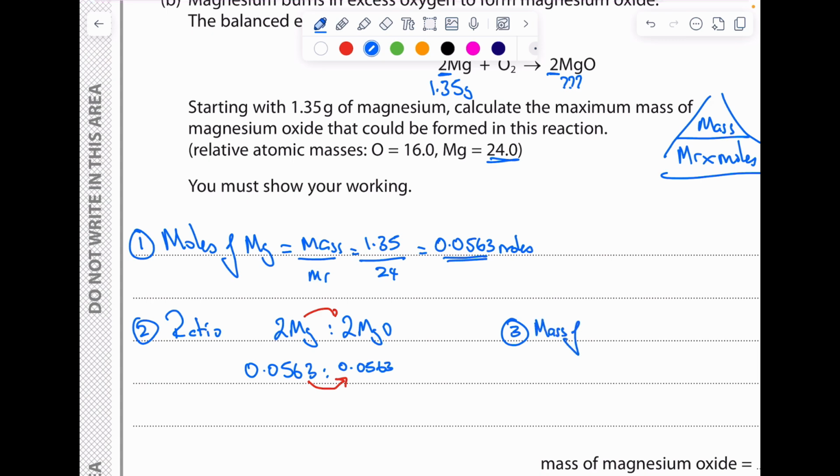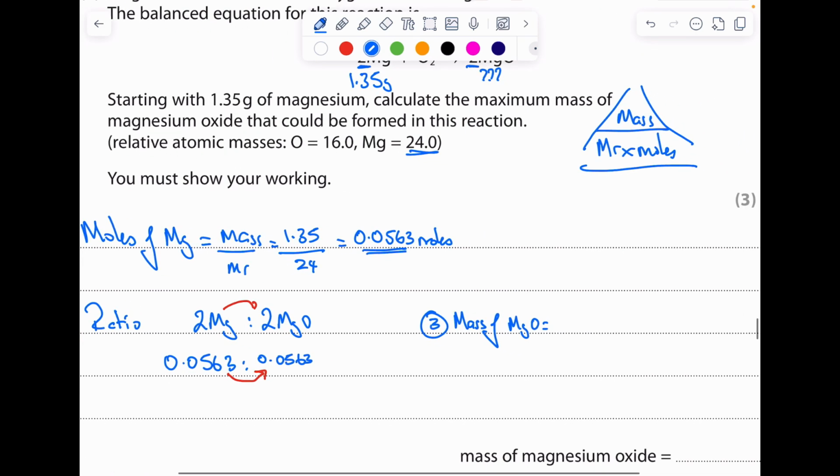Okay, then all I've got to do is convert this back into a mass, which it wants me to give. So the mass of the magnesium oxide. Again, according to my triangle up here, if I want to find the mass, it's Mr times moles. So the Mr for magnesium oxide, now be careful, we've got to do some working out. So let's do a little bit up here. MgO is 1 magnesium, which is 24, and then I've got an oxygen, which is 16.